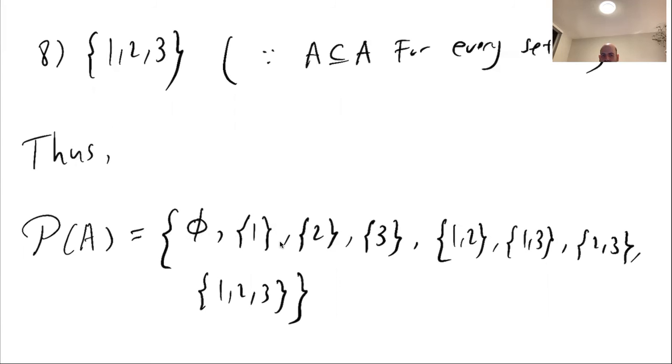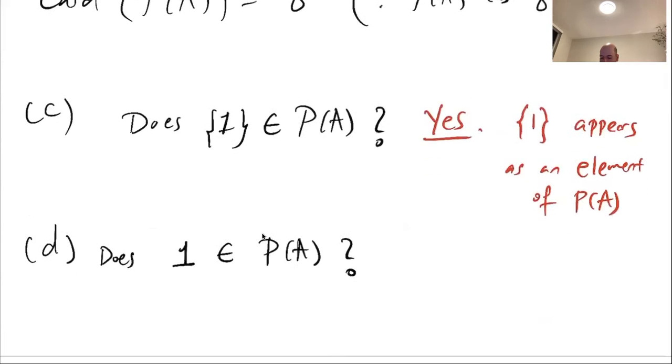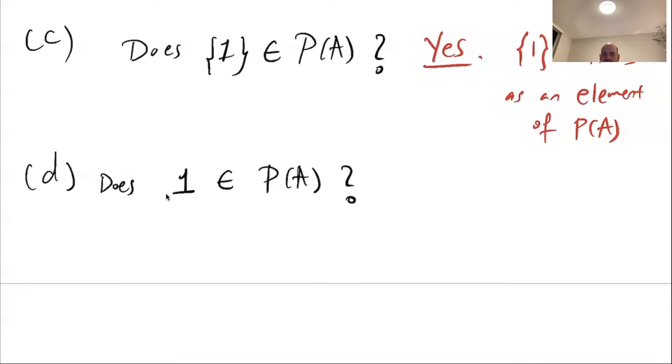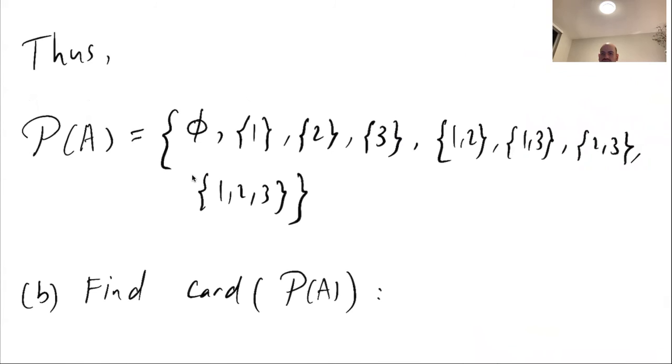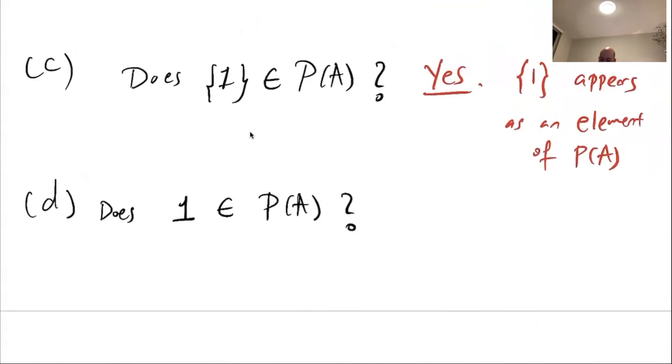So my second element is this set, which is a set of 1. Now, do you see this one appear inside my set? No, not exactly as it is. Yes, the set containing 1 is inside P of A, but 1 is not inside P of A. The answer is no.